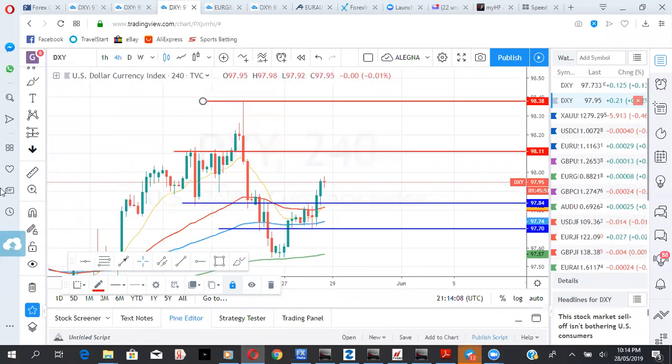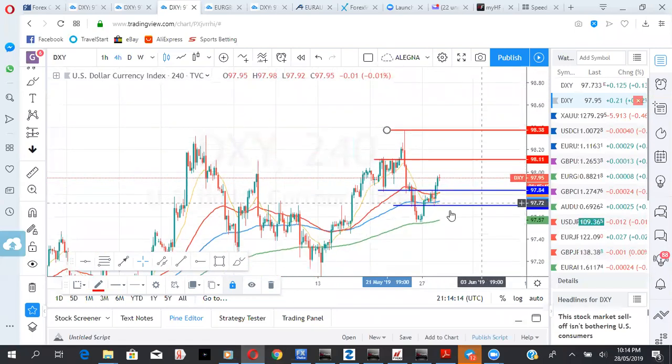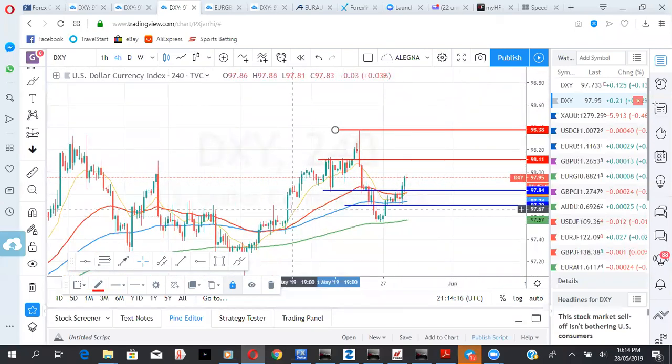So this is the situation we have for now on the dollar index.